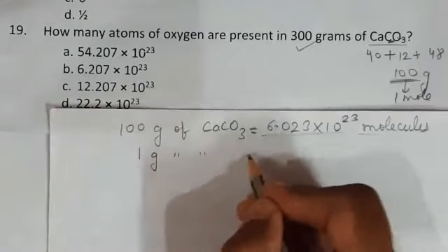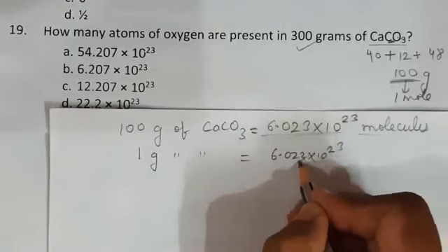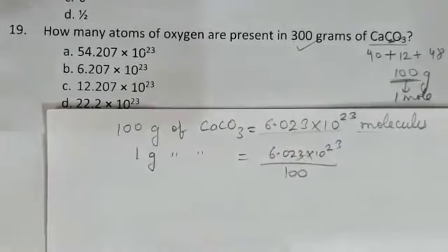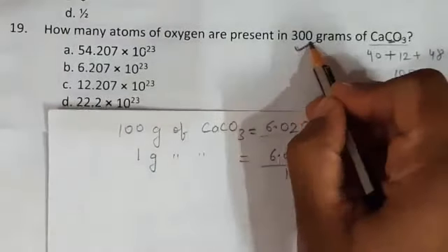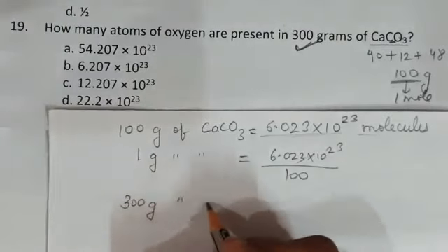Okay, this is 100 gram, that is equal to 1 mole, and this 1 mole is equal to Avogadro's number of molecules. Okay, now calculate for 1 gram. It will get divided by 100.